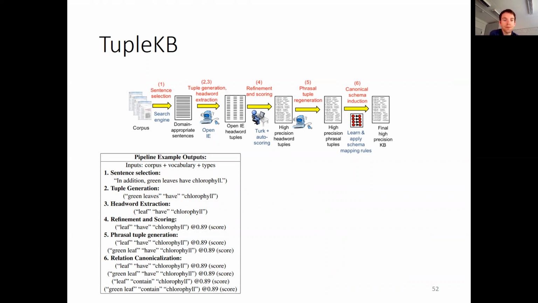And then there's a canonicalization stage where irrelevant modifiers are dropped and relations are canonicalized based on word senses and similar, so that in the end, the generic relation have, we see here at the bottom left, leaves have chlorophyll, is refined to the more specific relation, leaves contain chlorophyll.